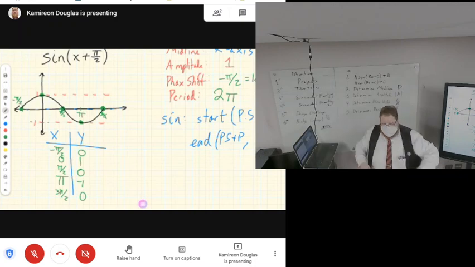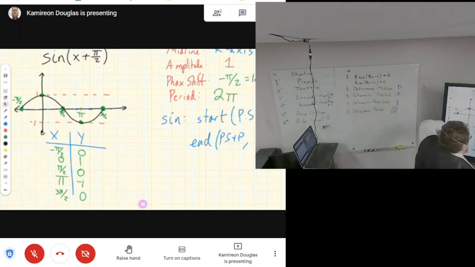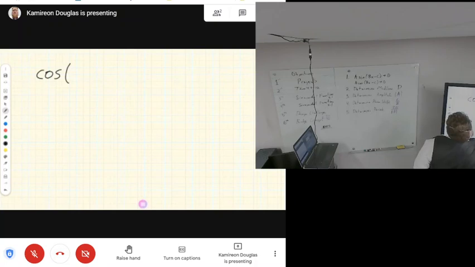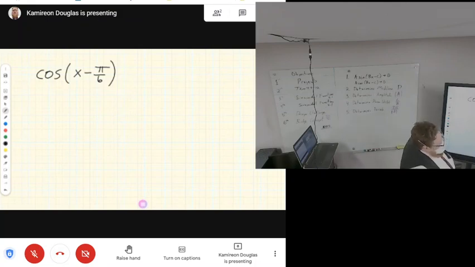For the next one, we're going to do cosine of x minus pi over 6. You'll notice these are typically weird values. They typically are radian values.